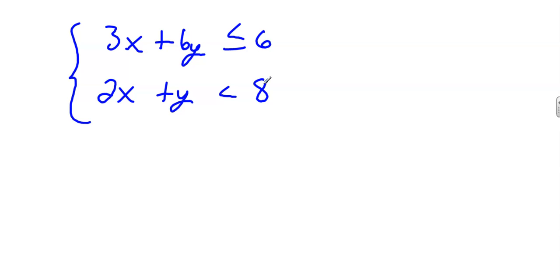Okay, so no x squareds, there's no y squareds. So this one's pretty much just a y equals mx plus b. So we're going to have to take both of these equations and put both of them in y equals mx plus b.